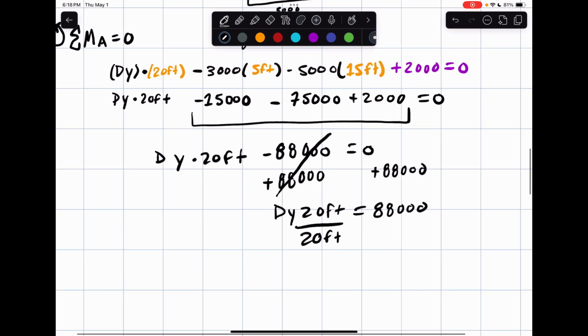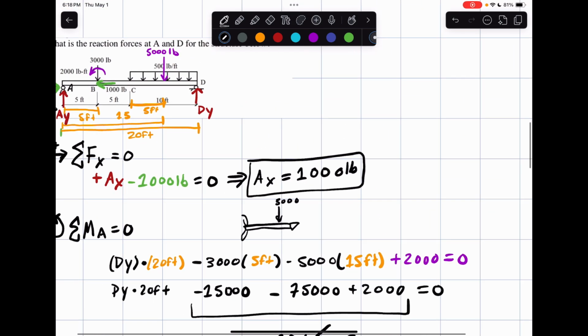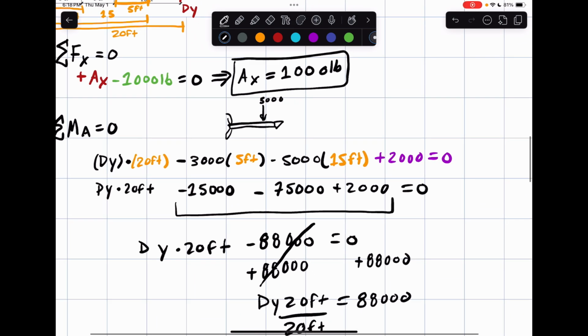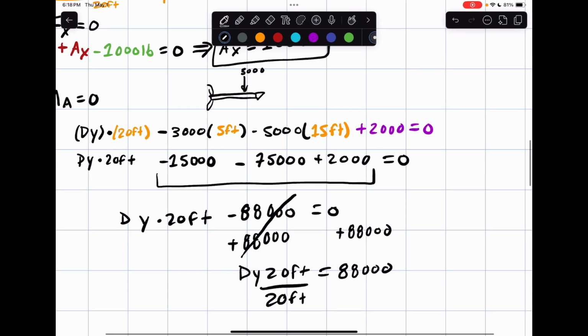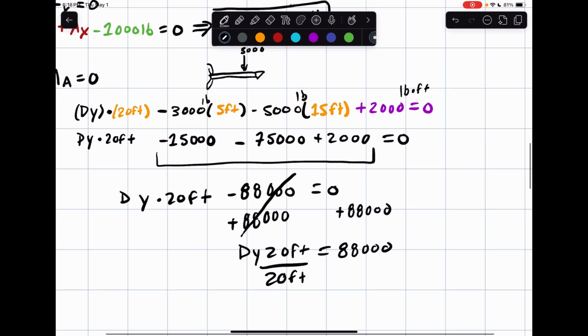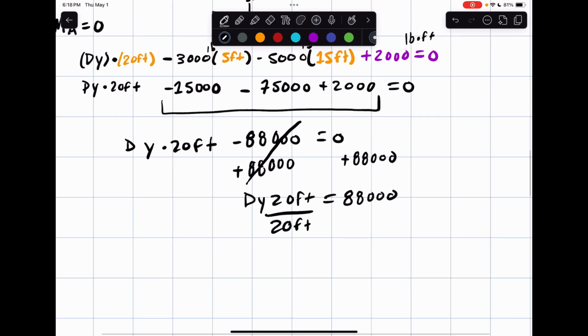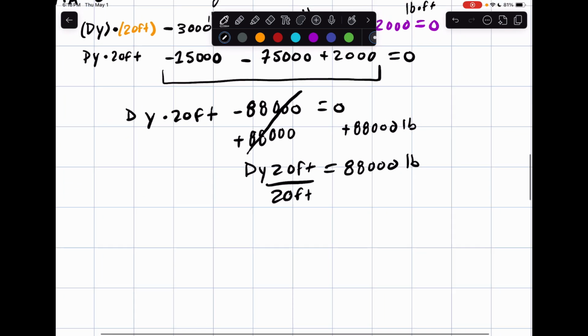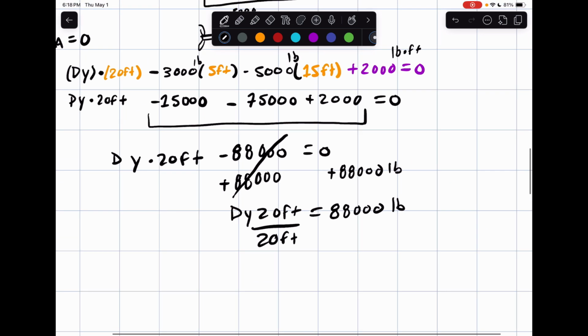And then over here we could have our units, which are LB times feet. I didn't put my units for these, but these are all LB. And then LB times feet, because it's a moment.